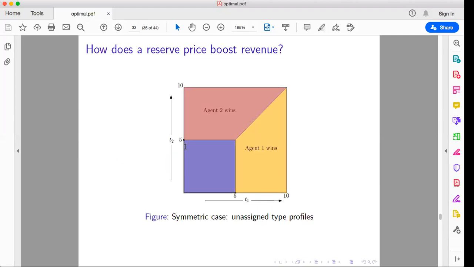So at this point, let me pause and ask you, let's look at the region where agent 1 wins. Where does agent 1 make a payment equal to the reserve price 5? What is the region? Can you tell me roughly? Where will agent 1 pay 5?